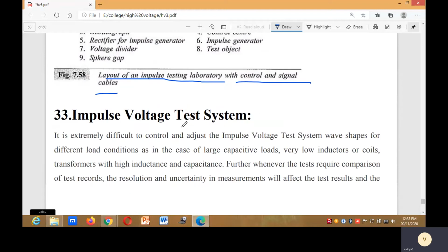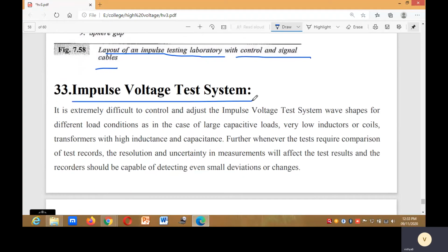Next is the impulse voltage test system. It is extremely difficult to control and adjust the impulse voltage test system wave shapes for different load conditions, as in the case of large capacitive loads, very low inductance coils, and transformers with high inductance and capacitance.